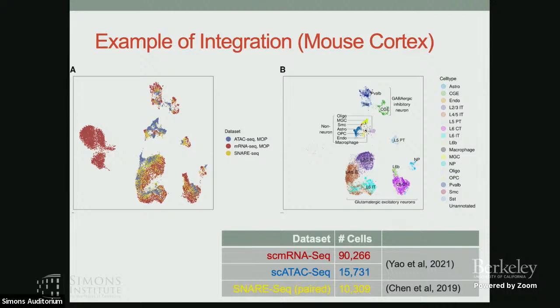We look at integrating these together. Here is a UMAP representation of those Z latent variables. They're in a much higher dimensional space, but this is just a two-dimensional representation. On the left, we can see them color-coded by the different data sets they come from. And here we can see them color-coded by the cell types that were identified from the paper.